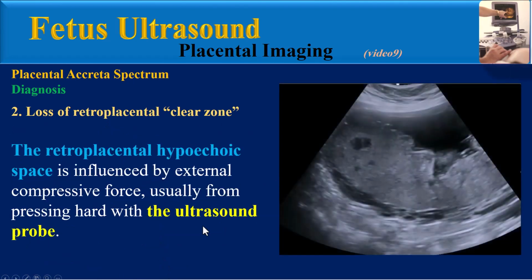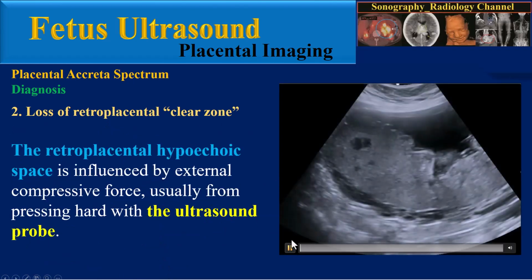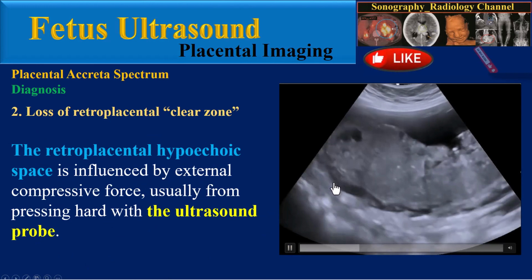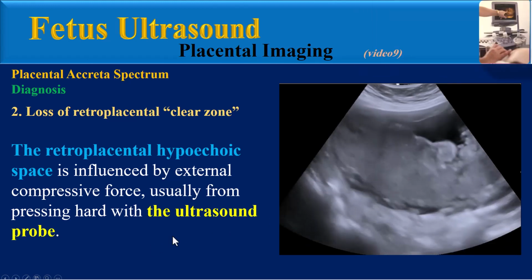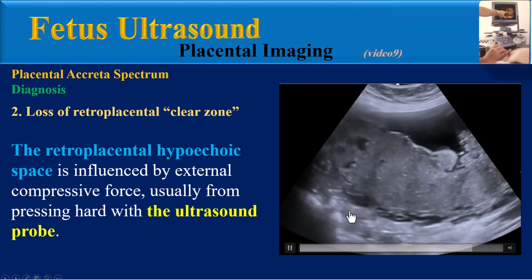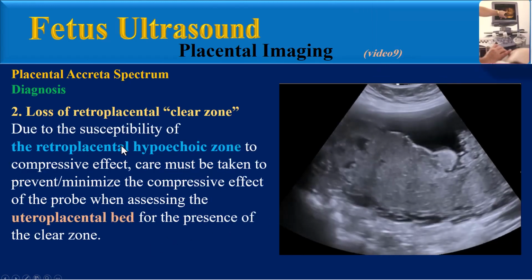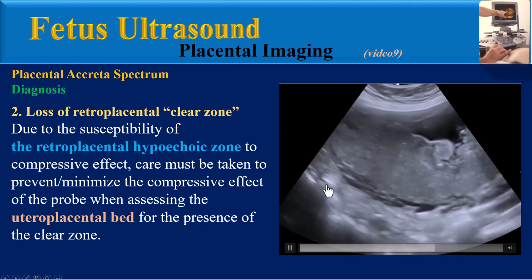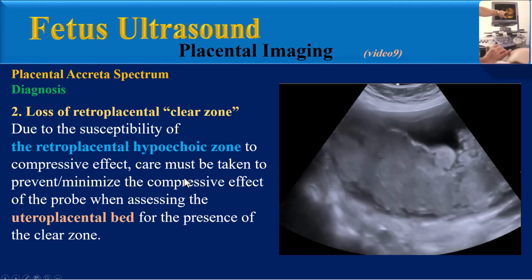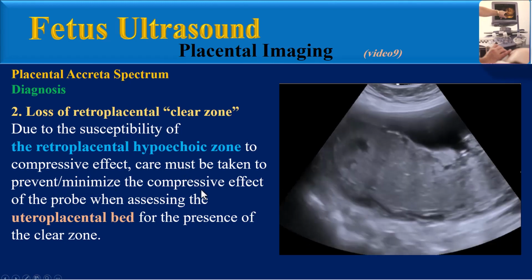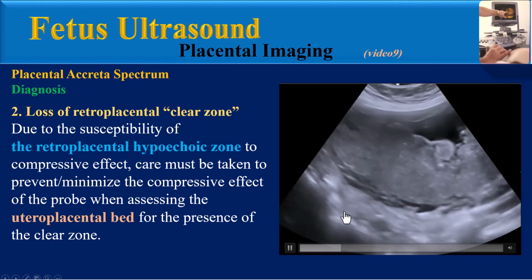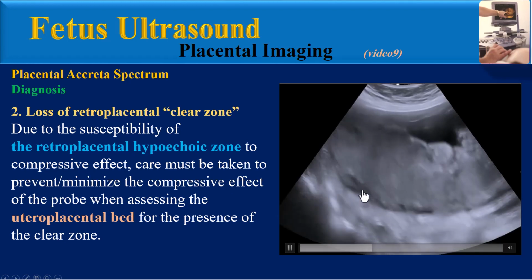The retroplacental hypoechoic space is influenced by external compressive force, usually from pushing hard with the ultrasound probe, as you can see in this clip. Due to the susceptibility of the retroplacental hypoechoic zone to compressive effect, care must be taken to prevent or minimize the compressive effect of the probe when assessing the placental bed for the presence of the clear zone.